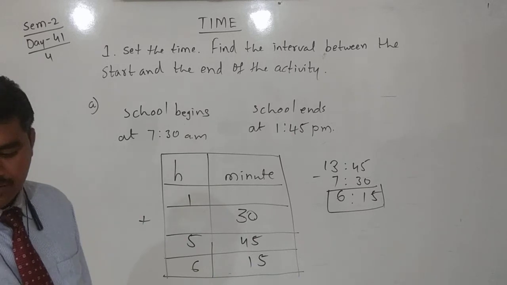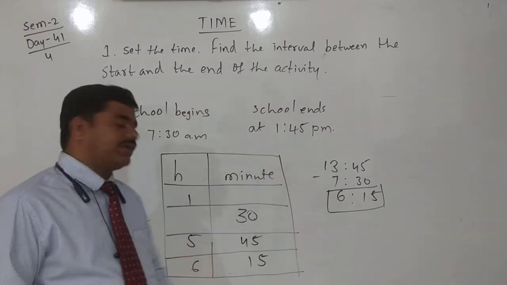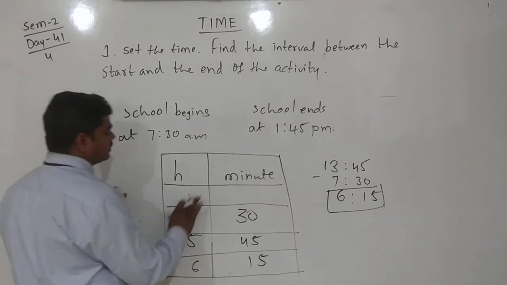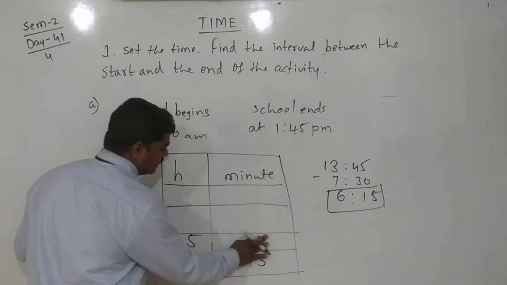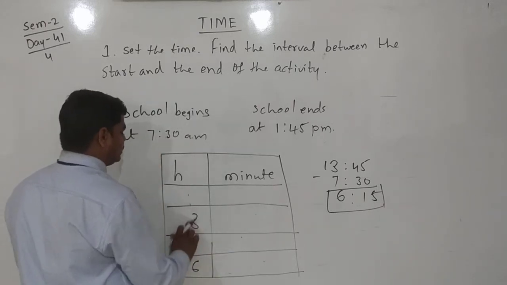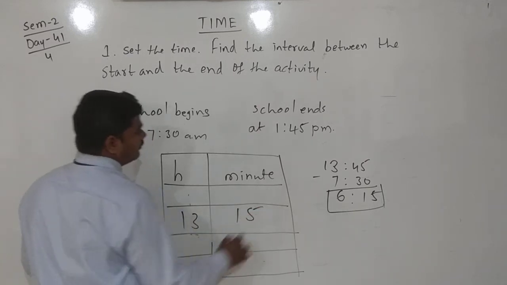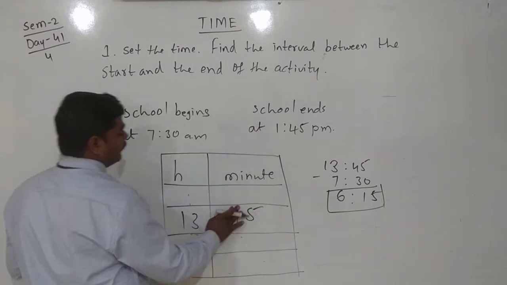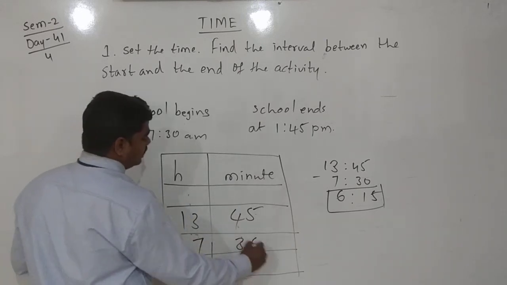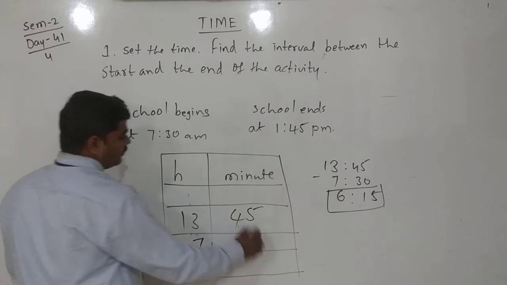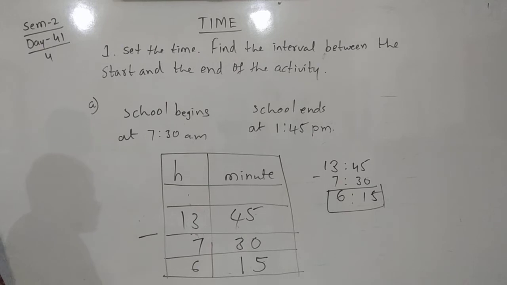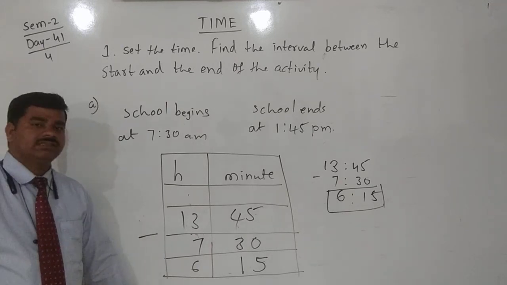Then we have 13 hours 45 minutes minus 7 hours 30 minutes, then 6 hours 15 minutes is our answer.